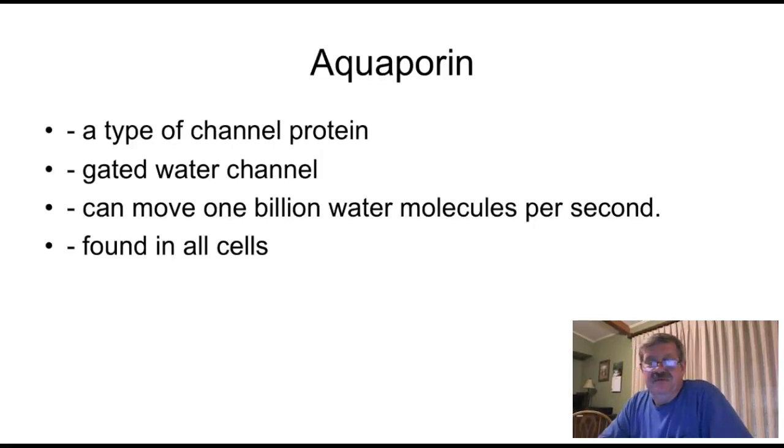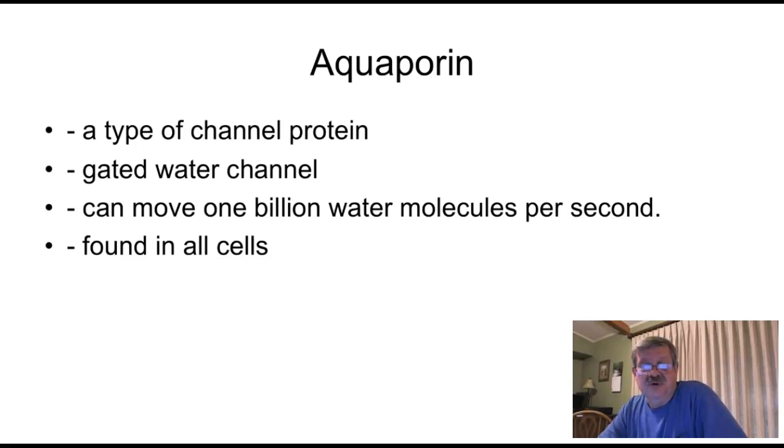Okay. Now we've got one special channel protein. It's called an aquaporin. The aquaporin is a gated water channel. And nowadays this is thought to be the main means of movement of water into and out of the cells. Notice right there that you can have 1 billion water molecules per second moving through one of these aquaporins.